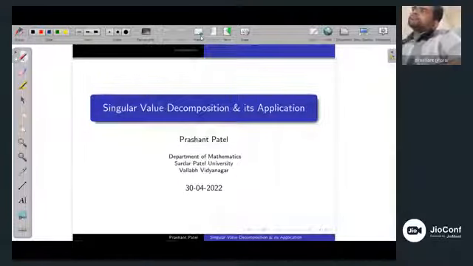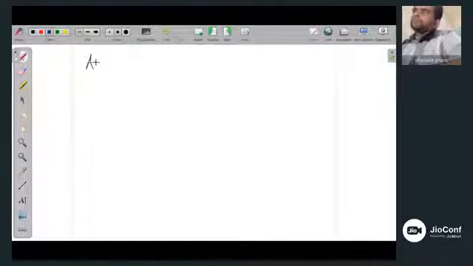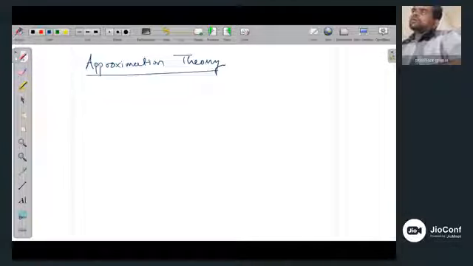Basically, I'm working in approximation theory, and this approximation theory is applied to many branches of mathematics.